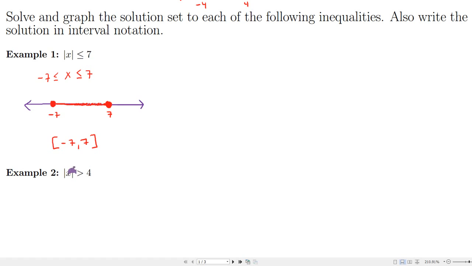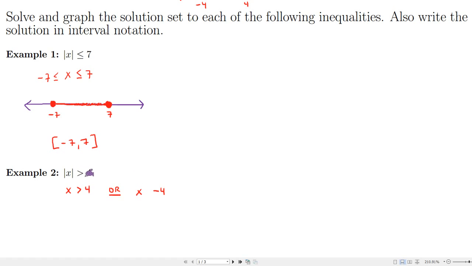Okay, now what's going to change in this situation? So I want absolute value of x to be greater than 4. All right, so again, one part of the solution will be to essentially drop it. But we are also going to have the "or" case. So we're going to have to talk about the extreme of the negative. So we will have a -4 and it'll be compared to x, right?